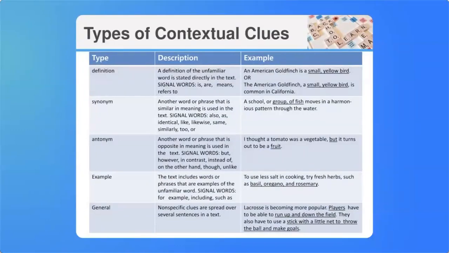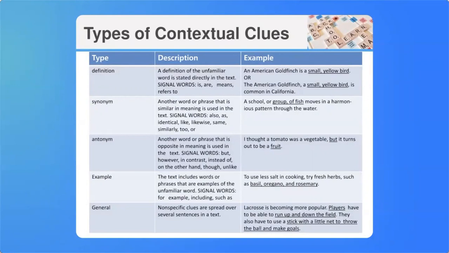The third one is an antonym. And it's the one that is the opposite. You might read but, however, in contrast. I thought a tomato was a vegetable, but it turns out to be a fruit. Okay, so if I didn't know what a tomato was, I would learn that it's a fruit.